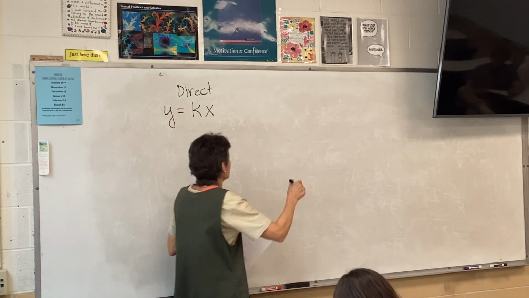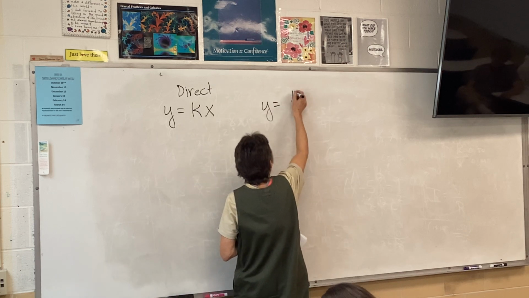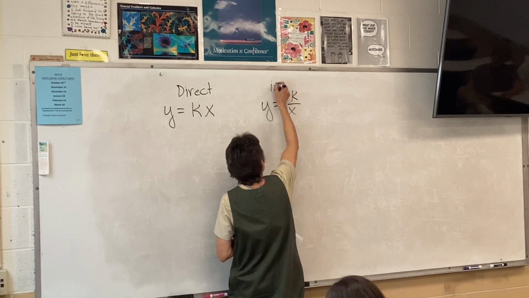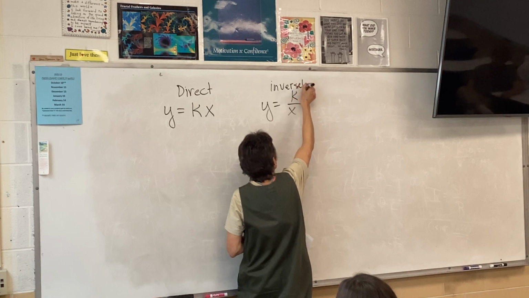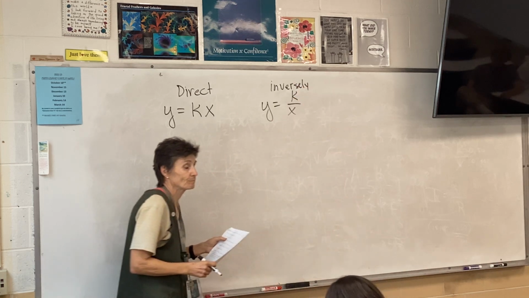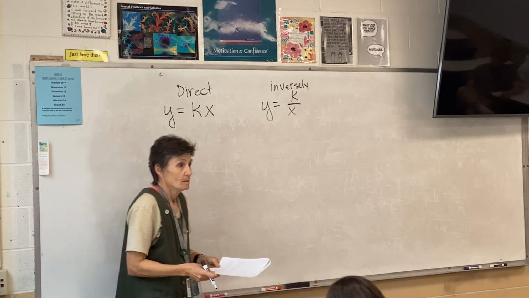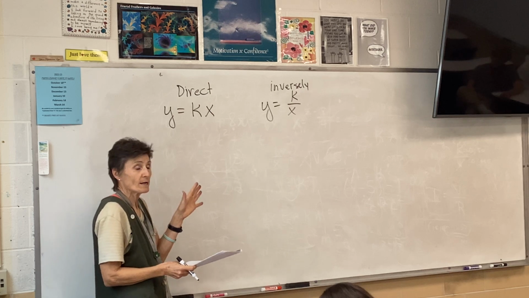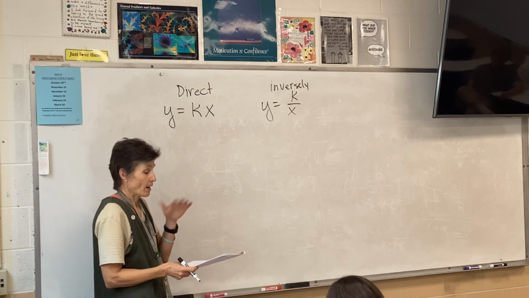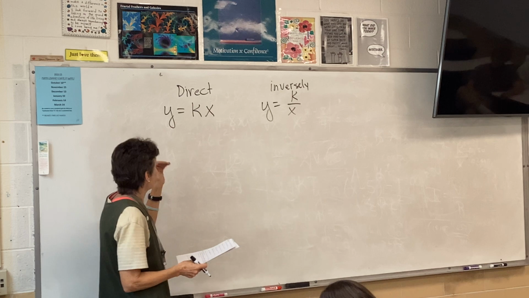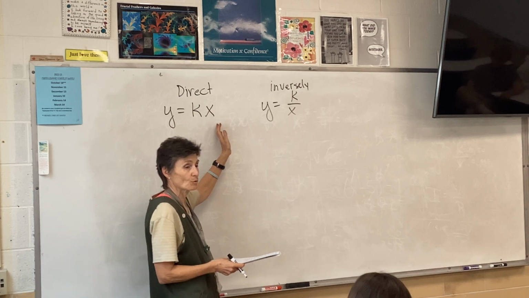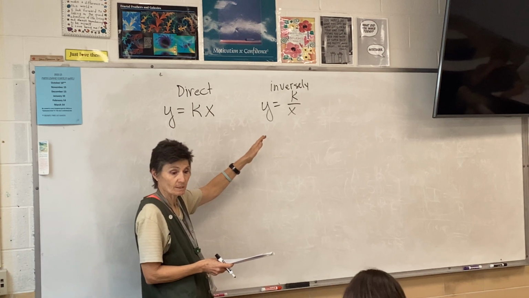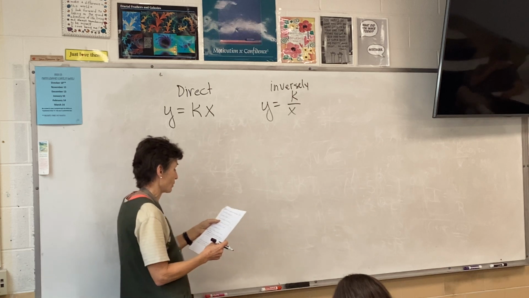B says varies inversely. Inversely is this. So you're going to build an equation for every one of these problems, depending on whether it says direct or inverse. All right, so let's see how this works.